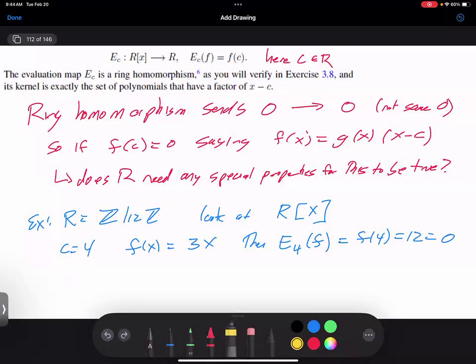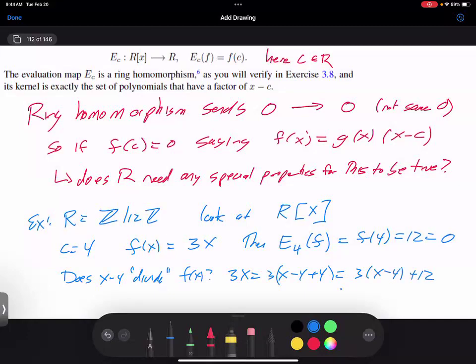Well, I could write 3x as 3 times x minus 4 plus 4. This is 3 times x minus 4 plus 12. But what's that the same as?